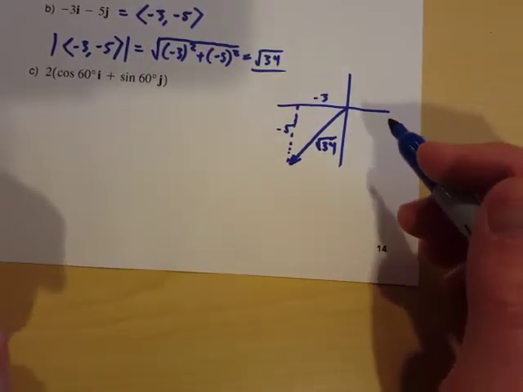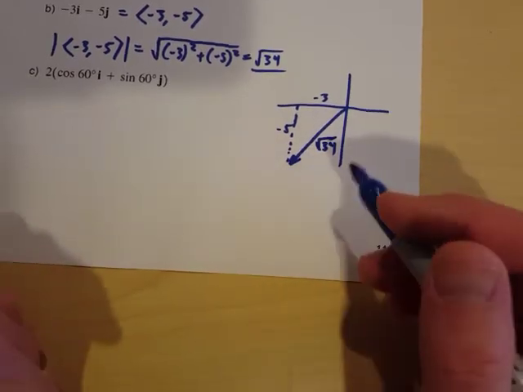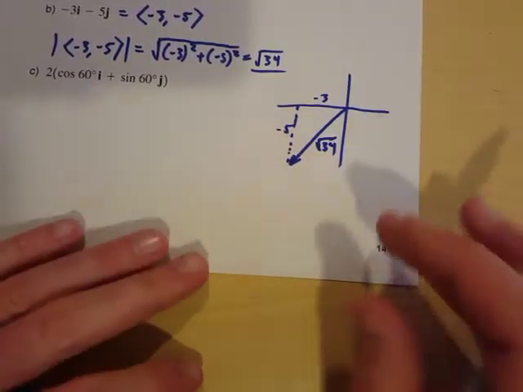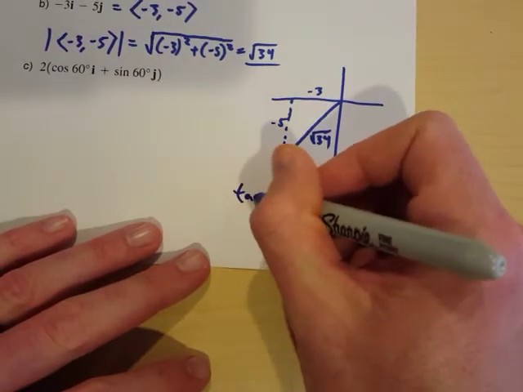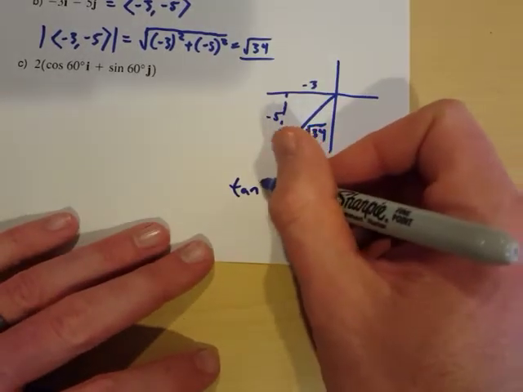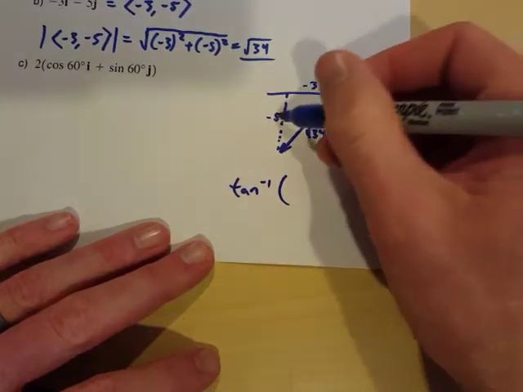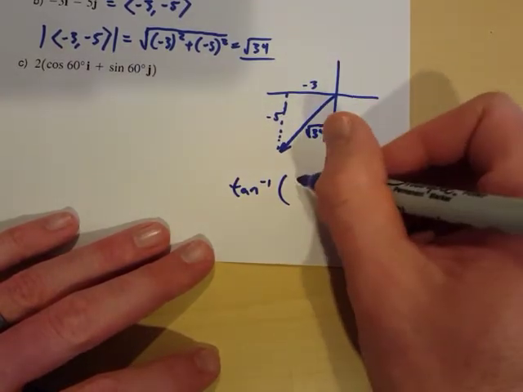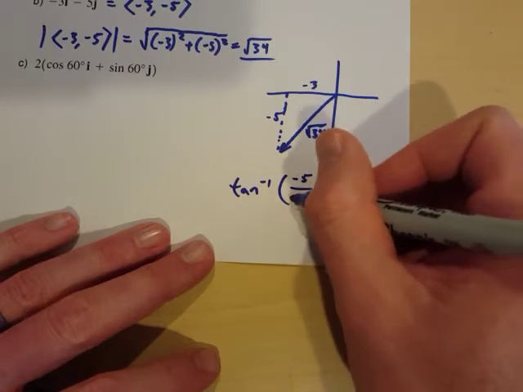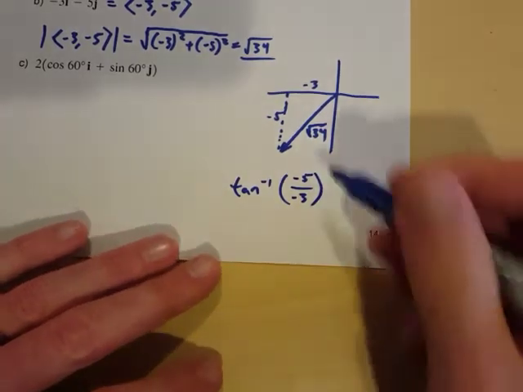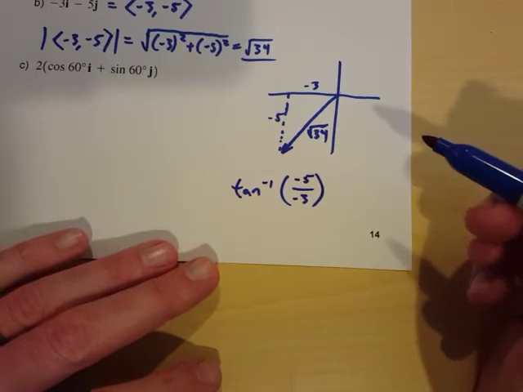The one that I think is good to use when you're in quadrant 3, when none of them work, is actually to try tangent inverse. Now, if we do tangent inverse, in this case of opposite over adjacent, that'll be -5 over -3. Since we have two negatives, that goes into a positive.